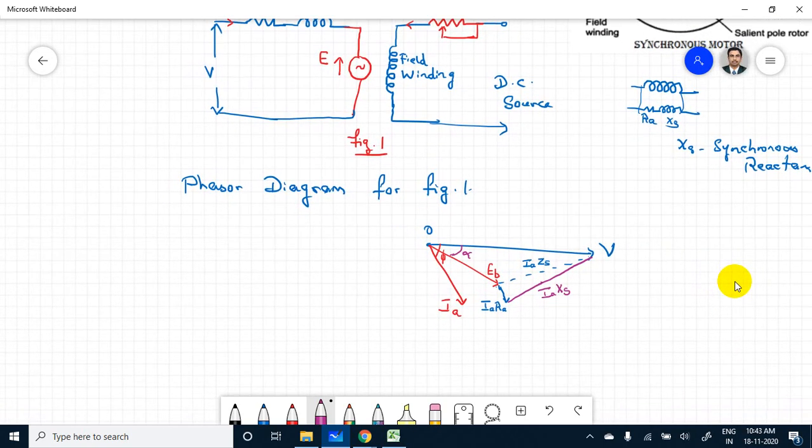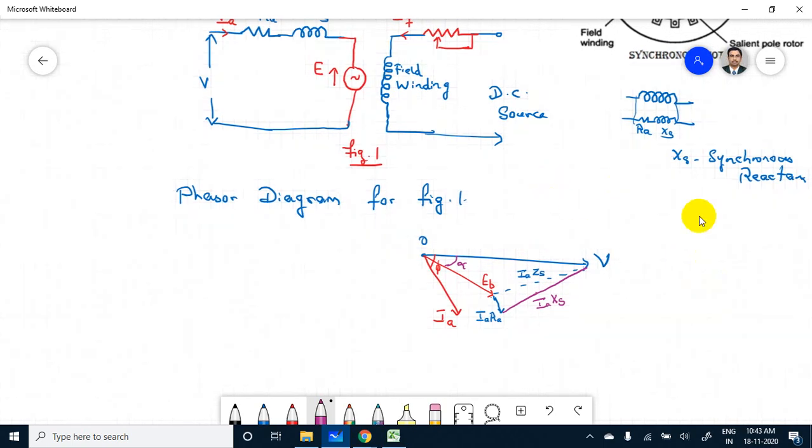Now, using this same diagram, figure 1, if you are taking a small machine, in small machines the resistance value will be very small.